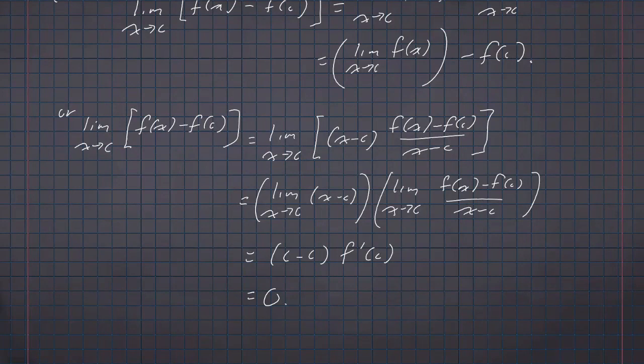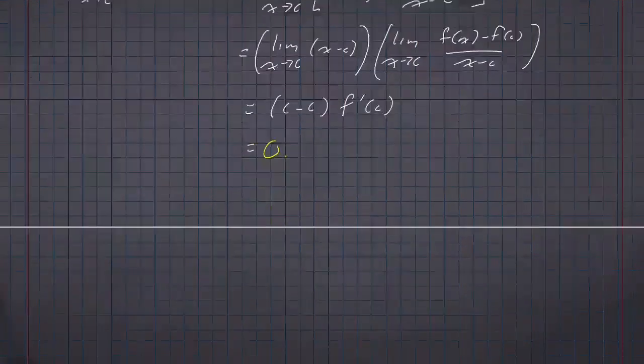All right, that's a long way to go to get nothing. But the key is I started at the same place, which means that where I ended up has to be the same place. The limit as x approaches c of f of x minus f of c must be equal to 0.